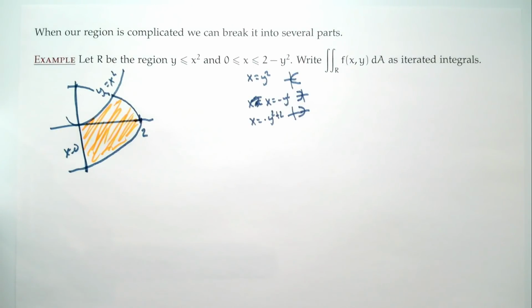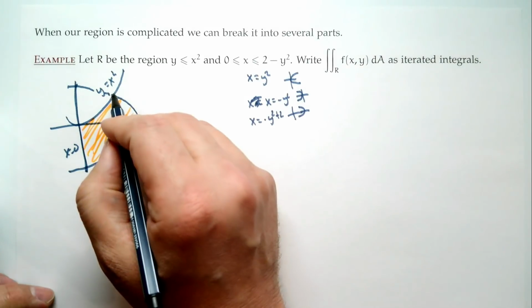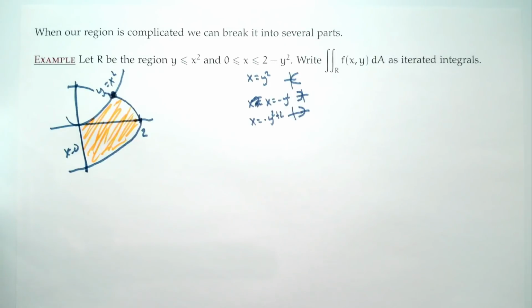Cool. We should draw a couple of things. Can we find this point where y equals x squared and x equals 2 minus y squared come together? And one thing you should always try is guess a good number. 1 for x or 1 for y?